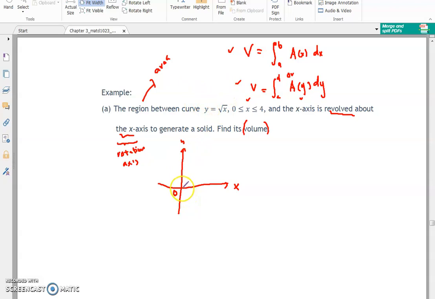As we already know from Mathematics 1, we have a basic graph something like this. And the value of our limit is between 0 and 4. So 0, maybe we can put it somewhere here, and the value of 4. This is our limit there. And the x-axis, so basically it refers to all of this x-axis. So you can see that the area mentioned is on this part.